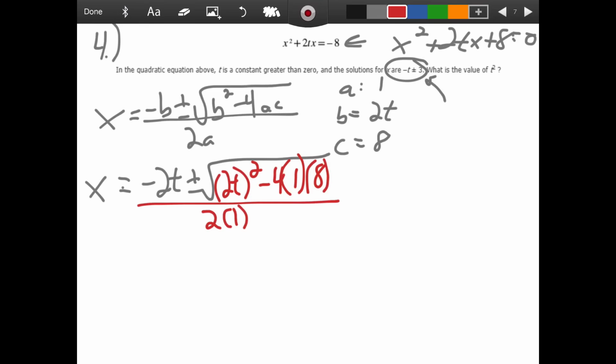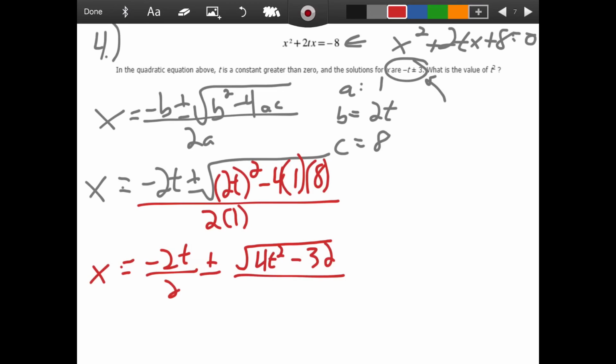Now, here's where it gets a little tricky, but let's expand it a little bit. So x equals, we'll say, negative 2t over 2 plus or minus the square root, so 2t squared, that's going to be 4t squared, minus 4 times 8, 32, all over 2.